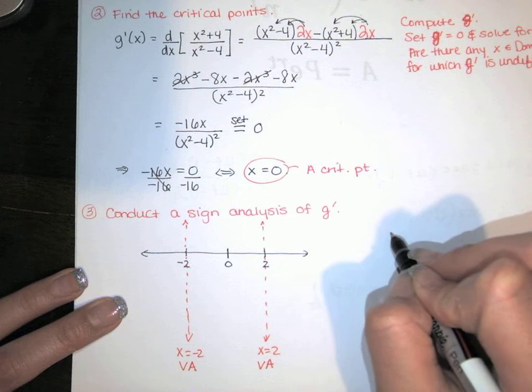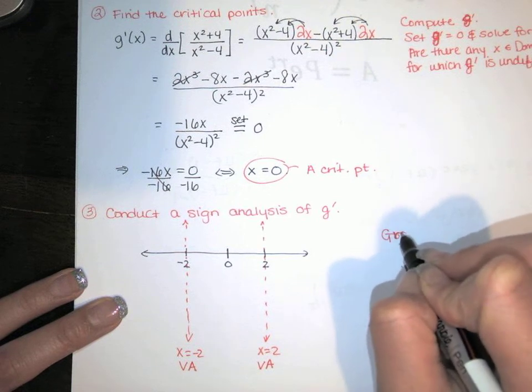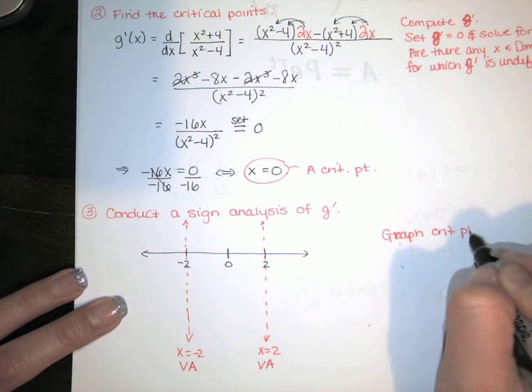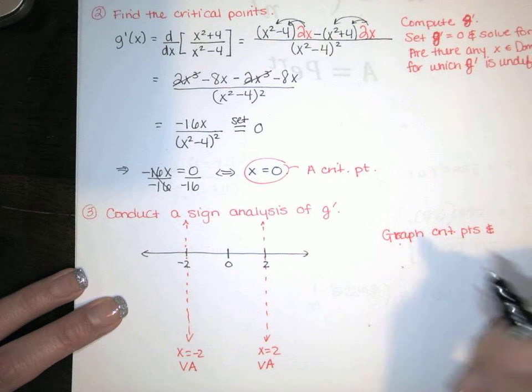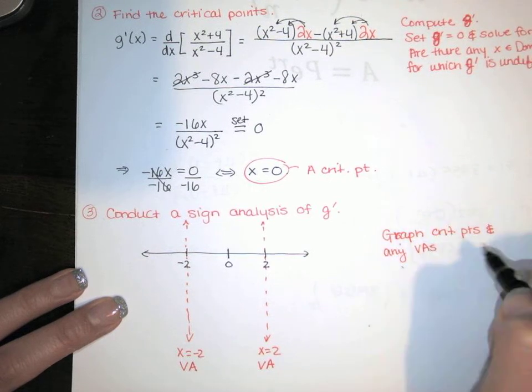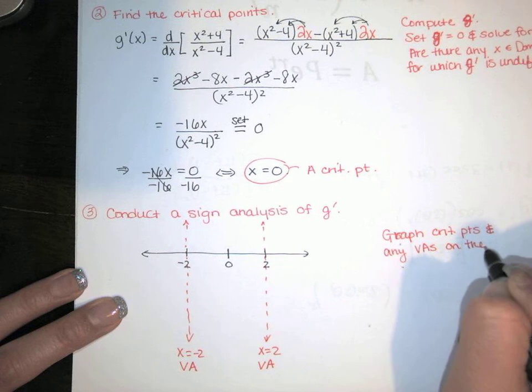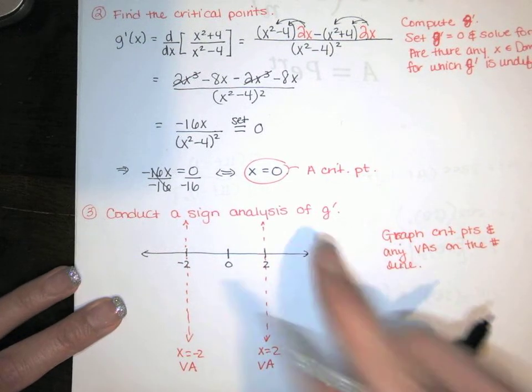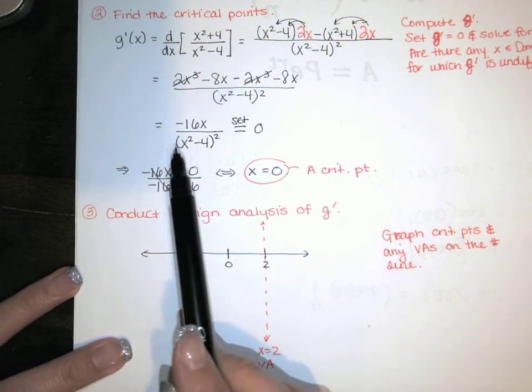So in general you want to graph the critical points and any vertical asymptotes on the number line. And then we'll do our sign analysis of g prime. Now g prime is a quotient.